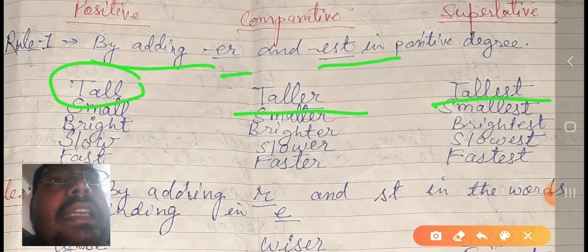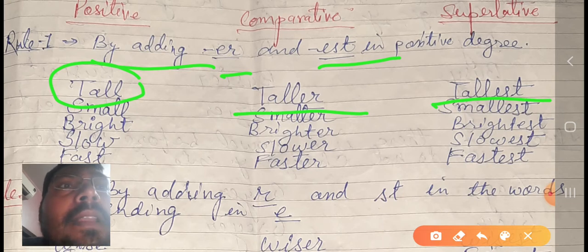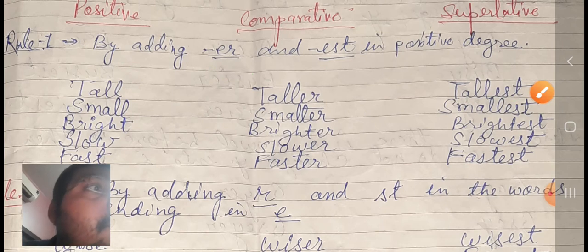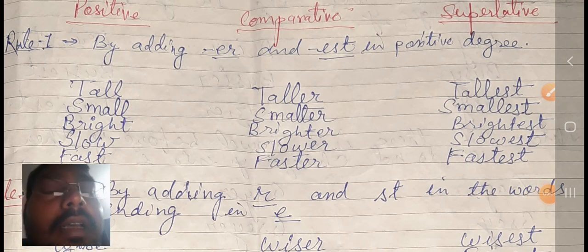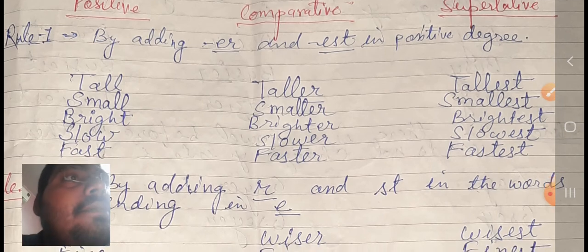So by adding ER and EST, we get comparative and superlative degrees. Now here you can see that we add ER and EST and we get the respective comparative and superlative degrees.